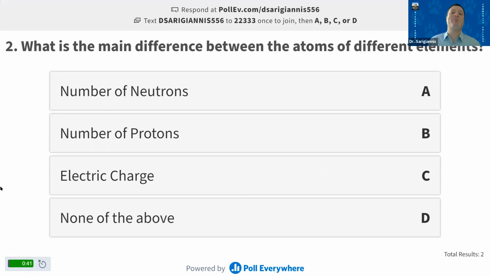Okay. What's the main difference between the atoms of different elements? Number of neutrons, number of protons, electric charge, or none of the above?